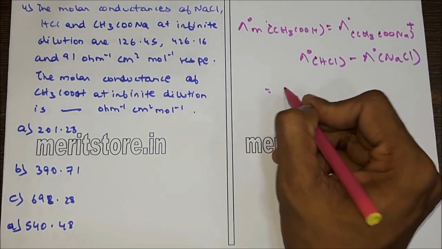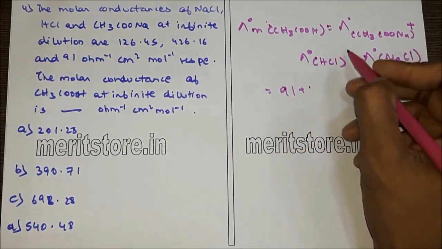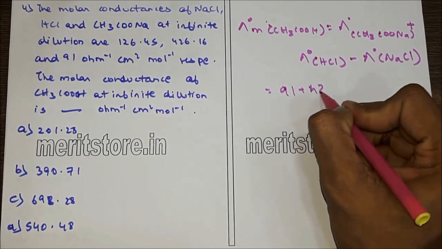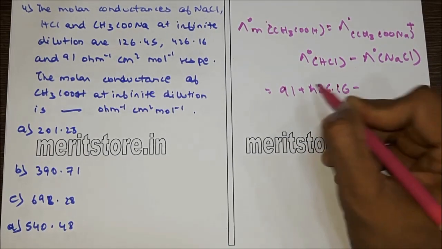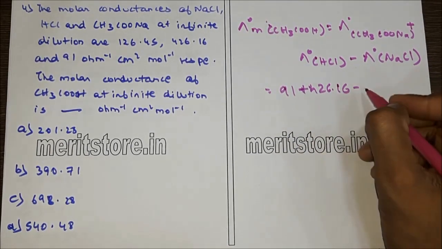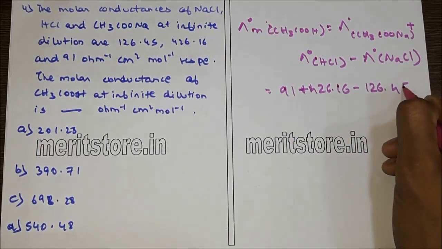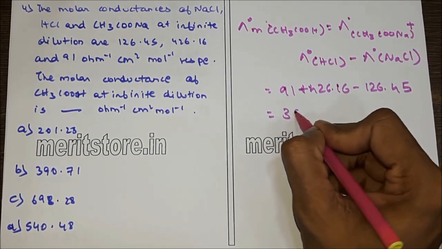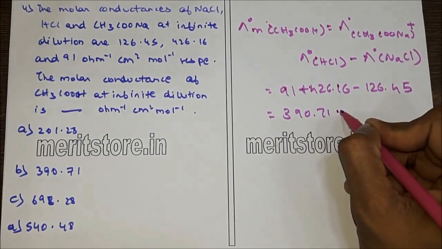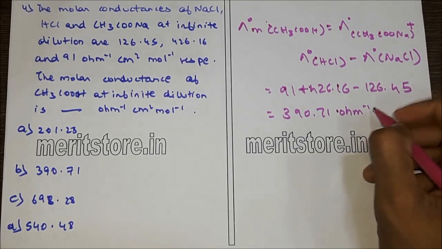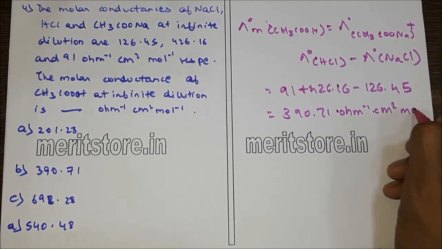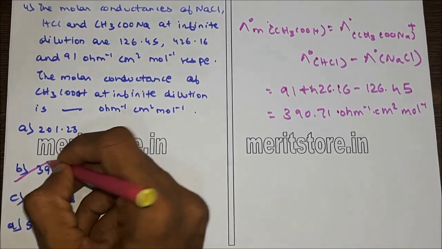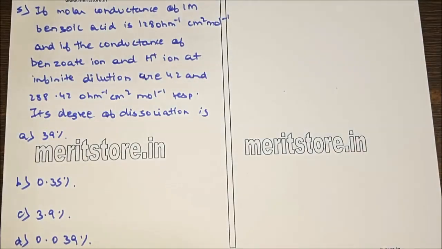Therefore, we substitute the values: 91 for CH3COONa, plus 426.16, minus 126.45. Solving this, we get 390.71 per ohm centimeter square per mole. Our answer matches option B. Therefore, option B is the correct answer.